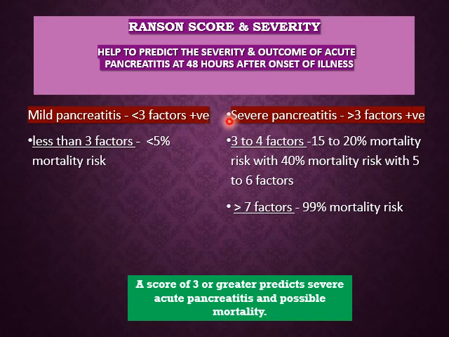In severe pancreatitis, the Ranson score is 3 or more positive. If it is 3 to 4, the mortality rate is 15 to 20%. This risk increases to 40% with 5 to 6 factors. If the factors positive are more than 7, then 99% mortality. So in summary, a score of 3 or greater predicts severe acute pancreatitis and possibly higher mortality.